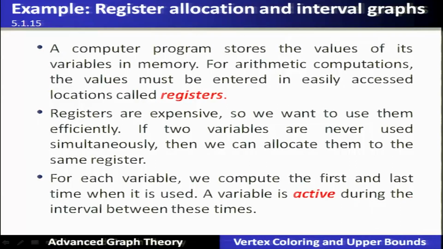Let us see all those things in this example. So, a computer program stores the values of its variables in the memory. For arithmetic computations, the values must be entered in easily accessed locations which are called registers.